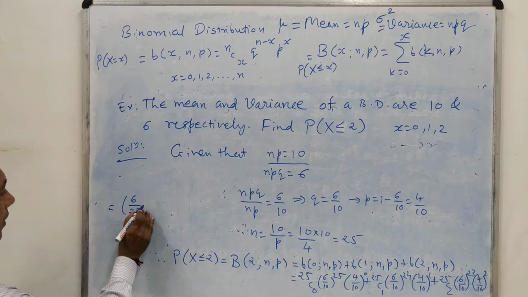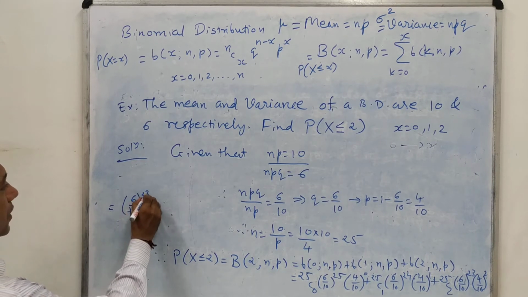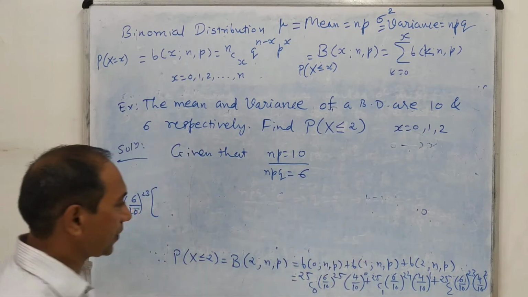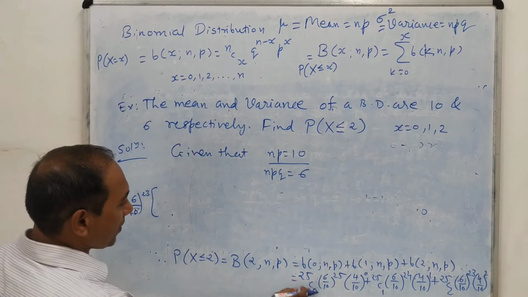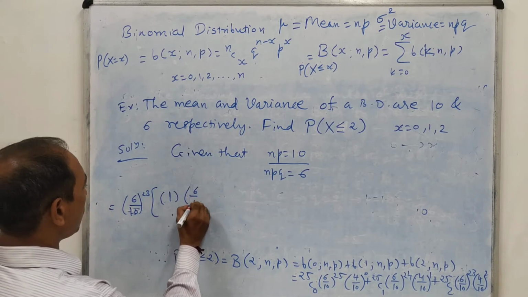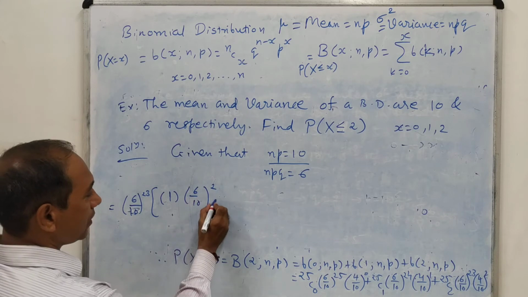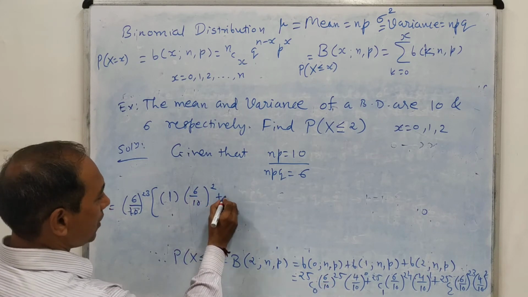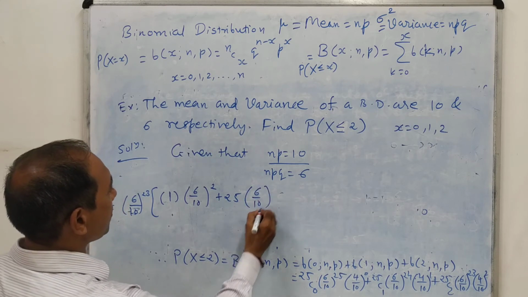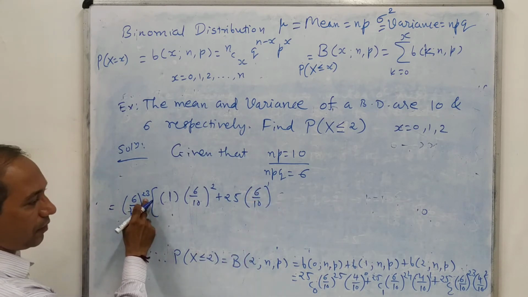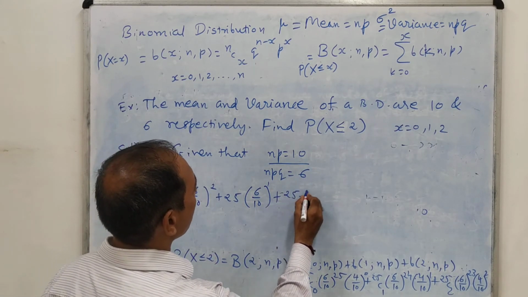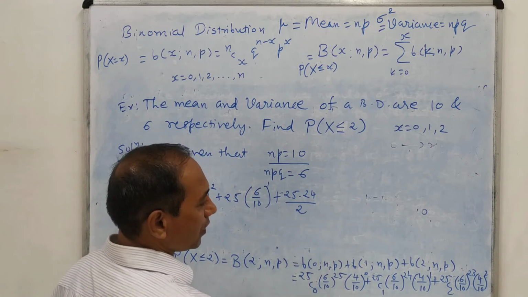In our bracket it will be: 25C0 is 1, then (6 by 10) whole square, and this we can do very easily, and (4 by 10) raised to 0 is 1. 25C1 is 25, then (6 by 10) raised to 24 becomes raised to 1 because 23 is already taken common, and (4 by 10) raised to 1. 25C2 means 25 into 24 divided by 2 factorial, and 2 factorial is 2.